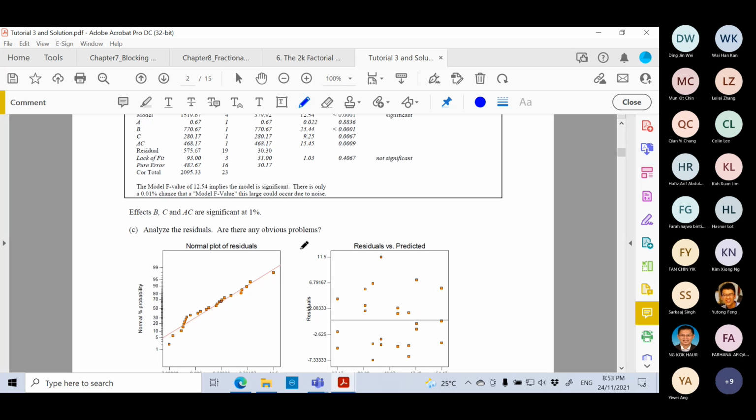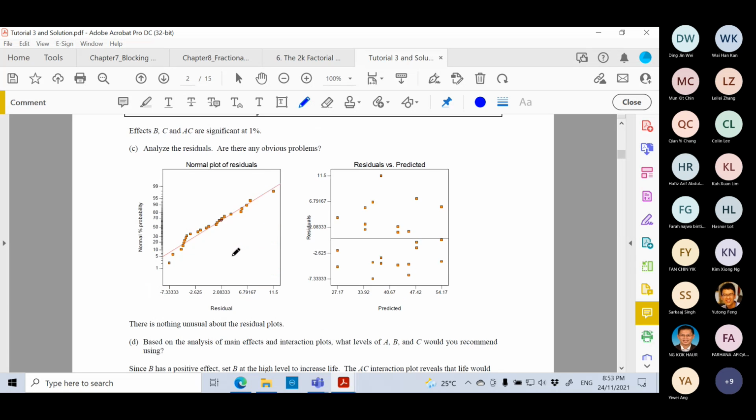Of course, in this style of design, we need to check the residuals to make sure the model you obtain fulfills the assumptions.